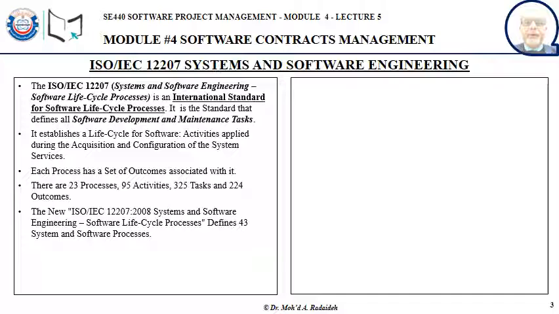There is a newer version of this that was issued in 2008. It defines 43 systems and software processes instead of 23 processes.